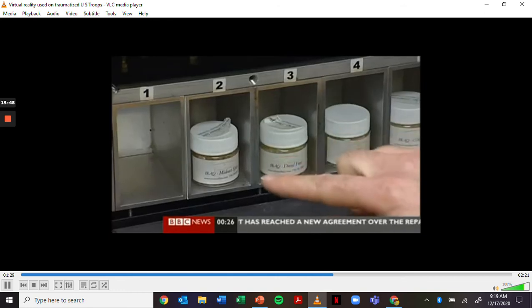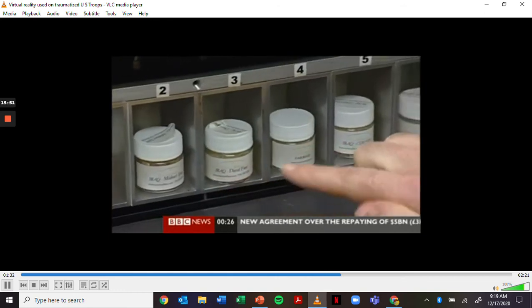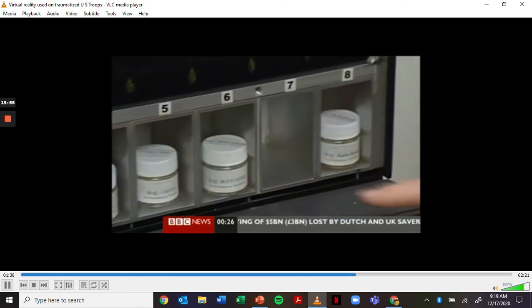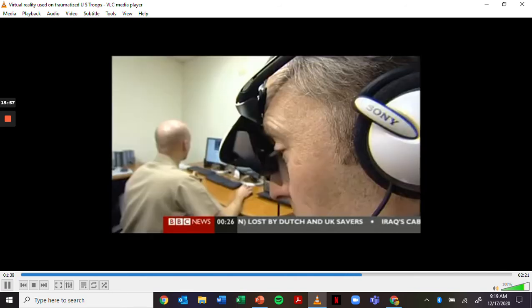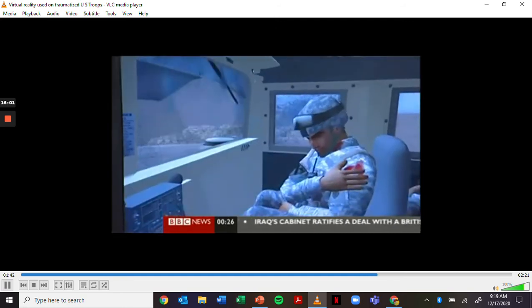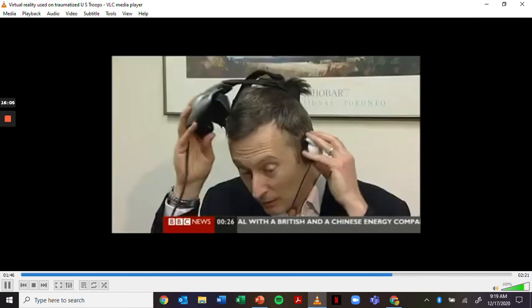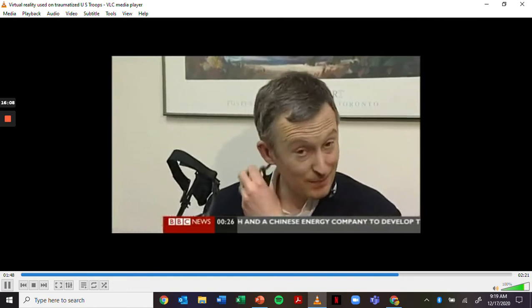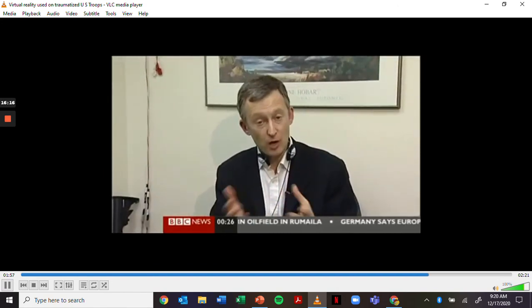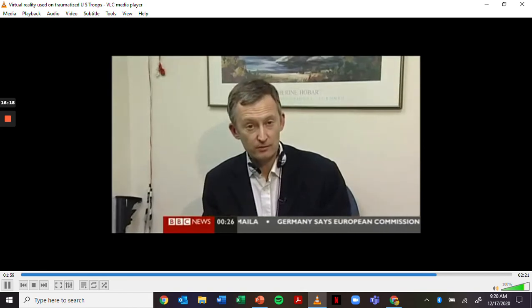The smell of war comes from this machine, which releases the scent of burning rubber, Middle Eastern spices, even body odor. I went on a virtual armored patrol in Iraq. A turn of the head changes the view from the driver's seat. This is quite an intense experience, and you can see how the sights, sounds, and even smells of warfare could help unlock some troubling memories for combat veterans.